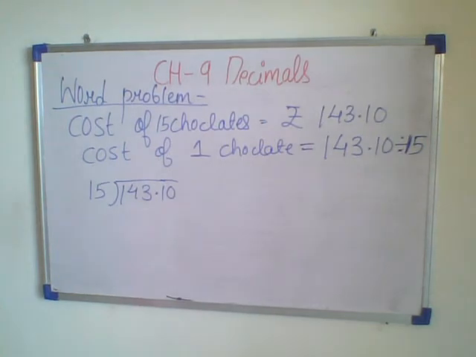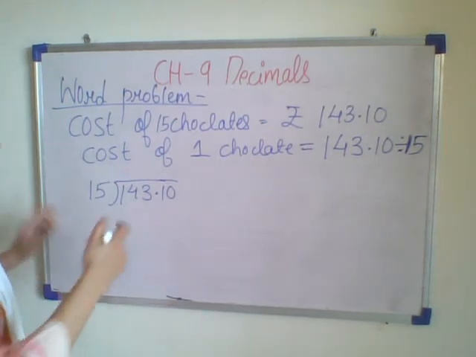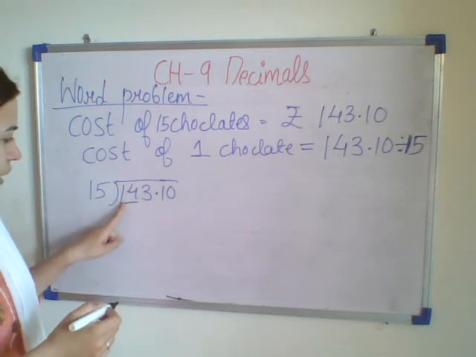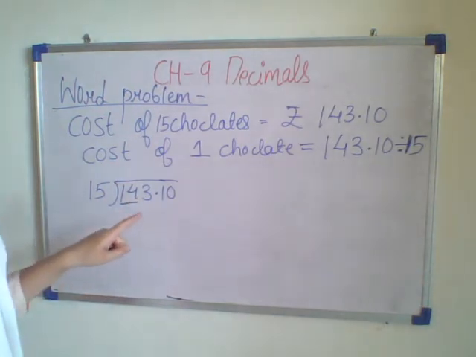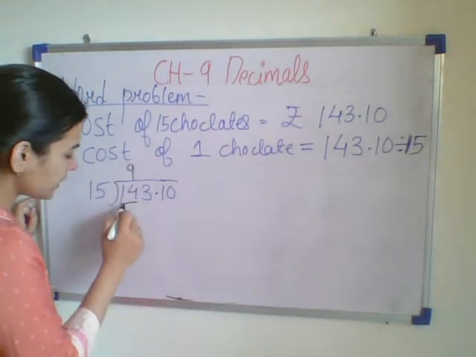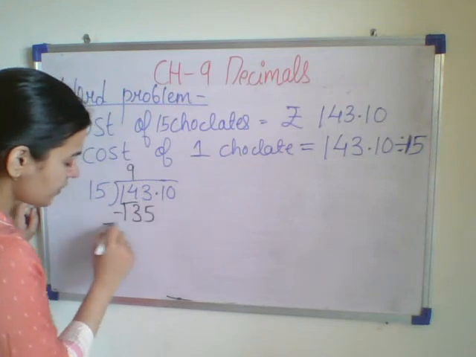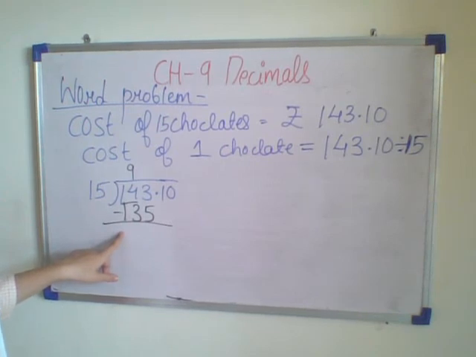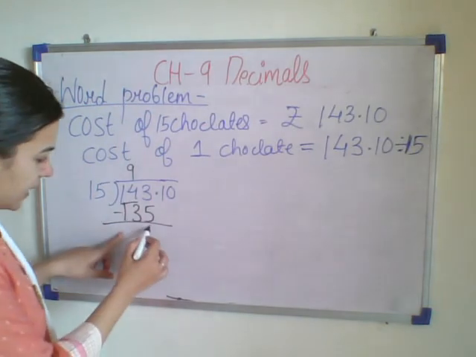As these two numbers are smaller than 15, we will be taking this 143. So 15 nines are 135. Now we will be subtracting 135 from 143. So here we get 8.